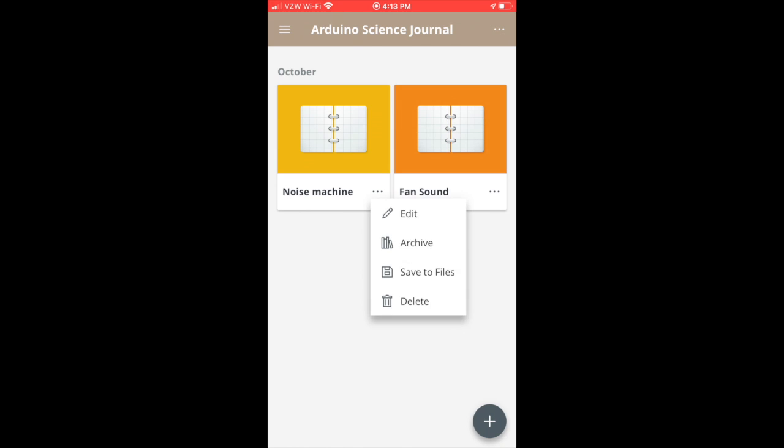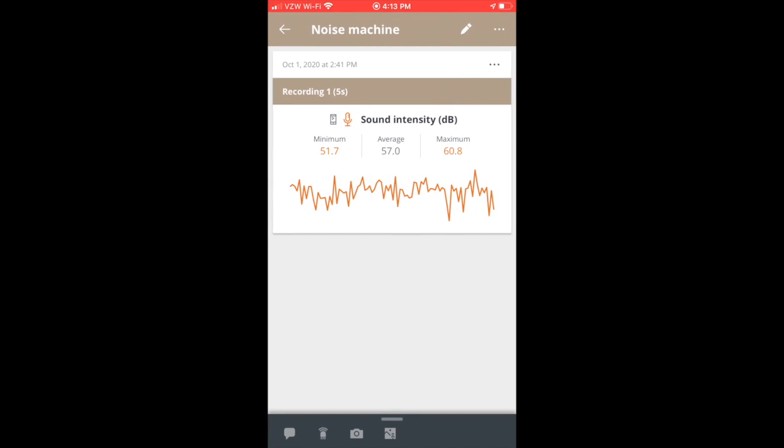If I go into the noise machine, you can see the difference here is much less. It's roughly 10. And so I think to me that says that, if you're comparing the noise machine versus the fan, another difference is that the noise machine tends to have less variation in intensity.